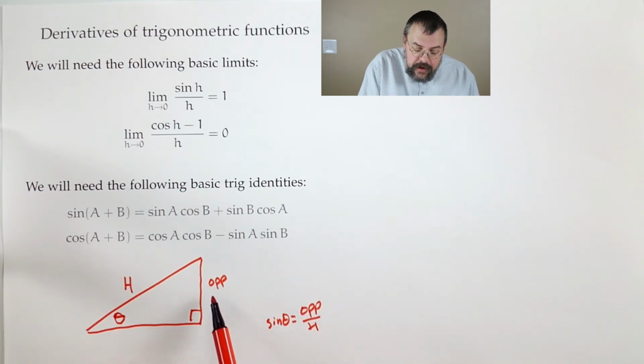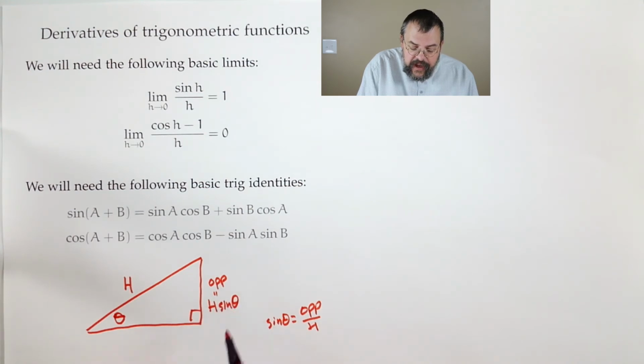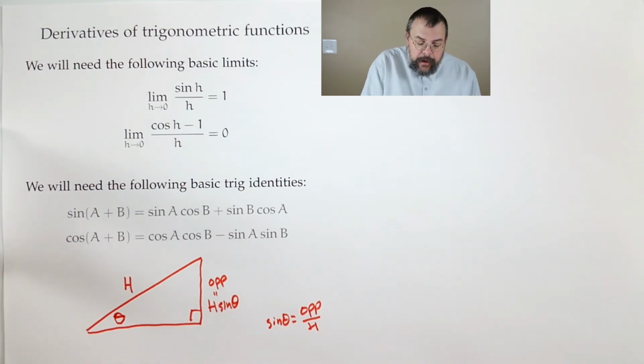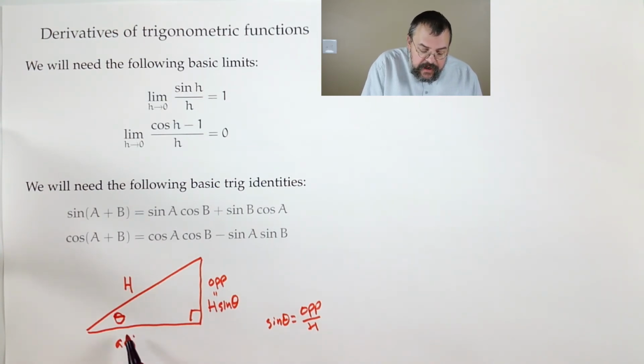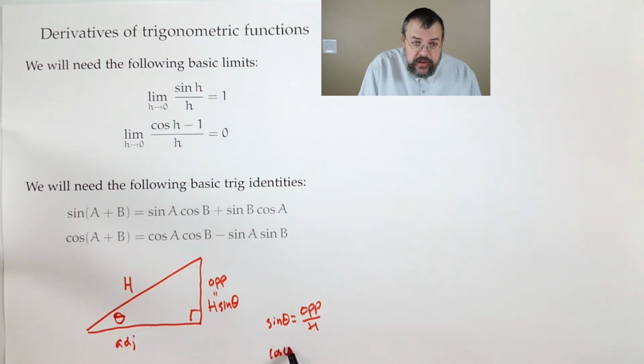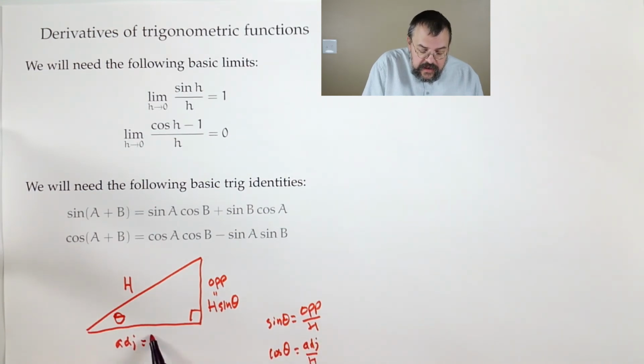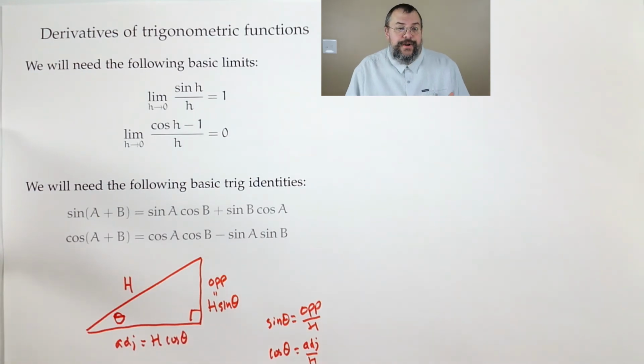That means this opposite side is h sine theta. Now how about this adjacent side? The adjacent side can be related between h and theta by the cosine. So cosine theta is the adjacent over the hypotenuse, which tells us that the adjacent side is h cosine theta. All right, so we can do what's called projection.